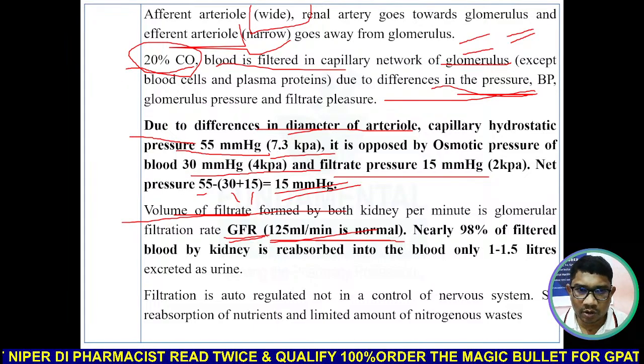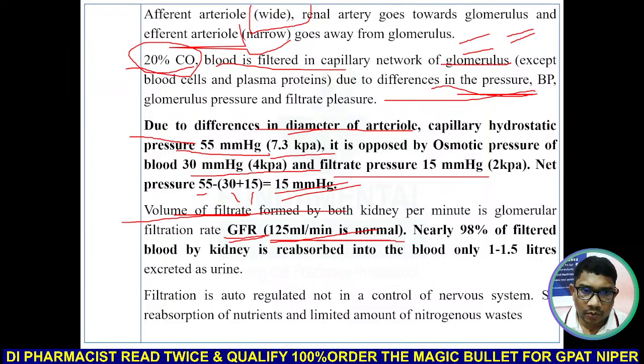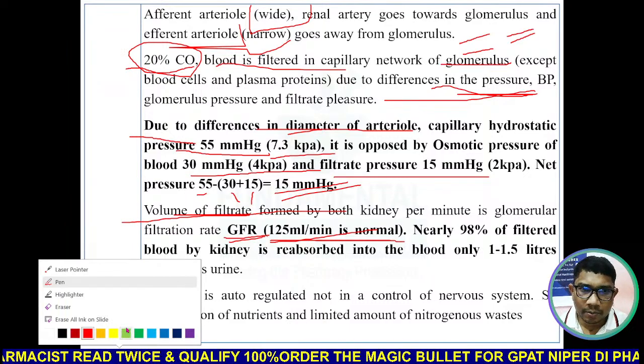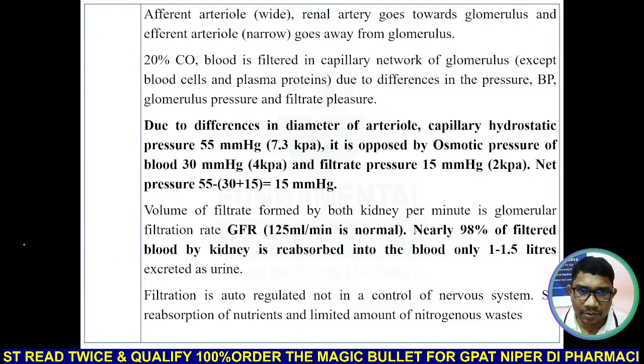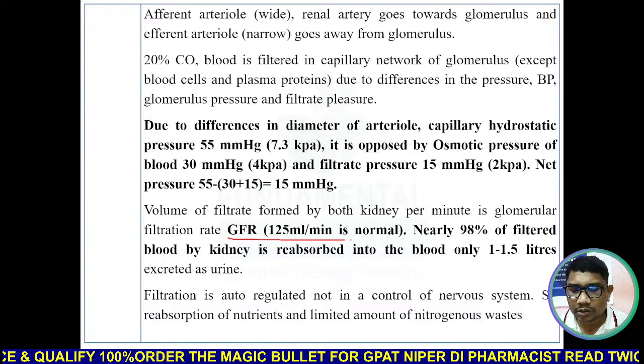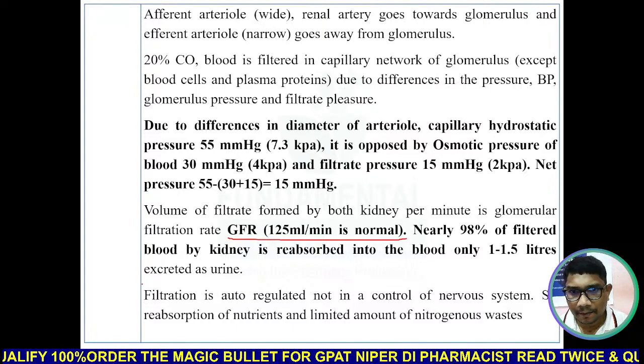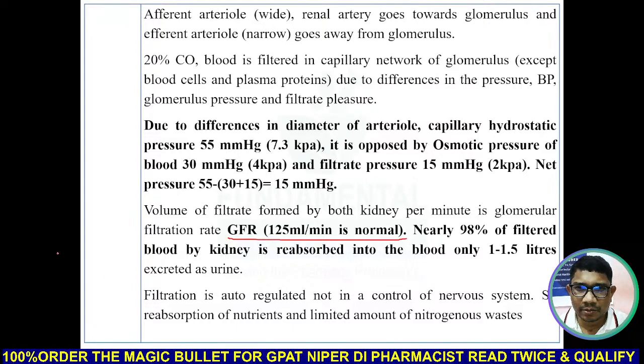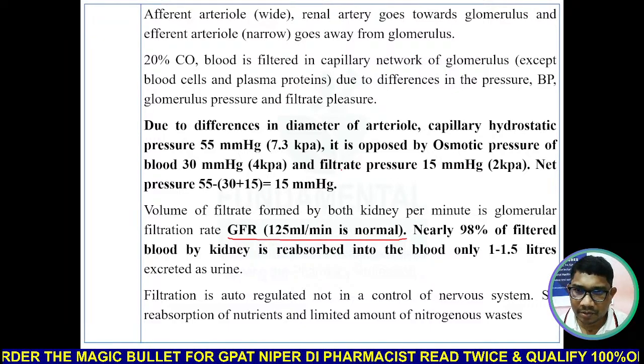You have to remember the normal value of GFR, 125 ml per minute. What is GFR? It is the volume of filtrate formed by both kidneys per unit time. Normal GFR is 120 ml per minute.